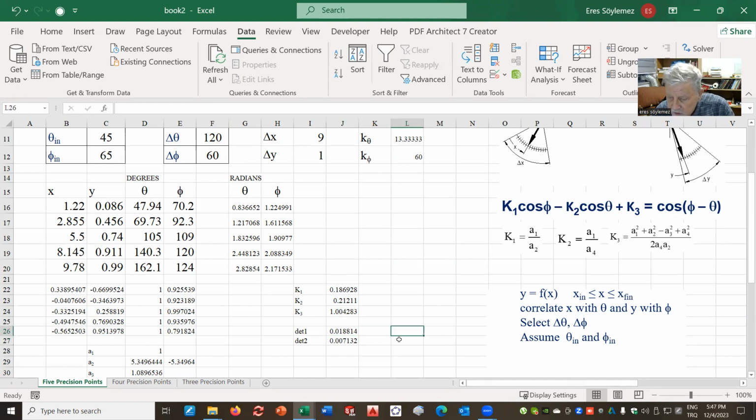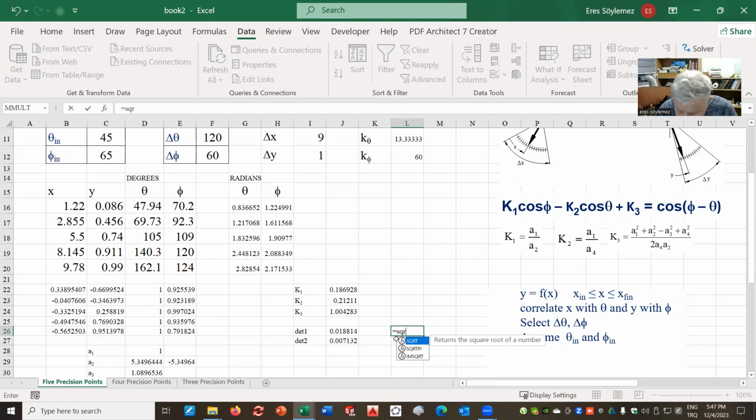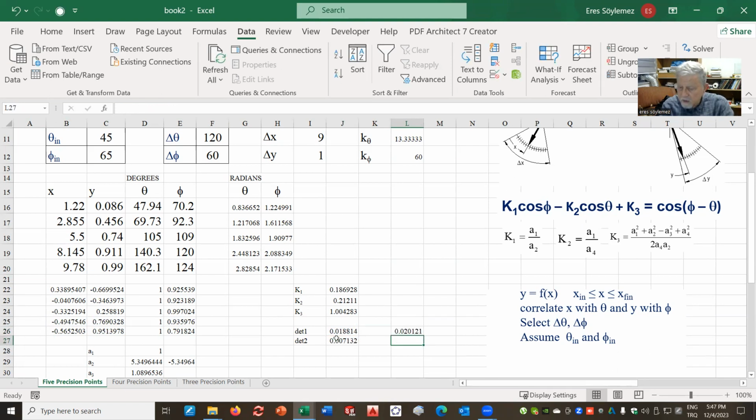What I can do is I will take the square root of determinant 1 squared plus determinant 2 squared, like that.